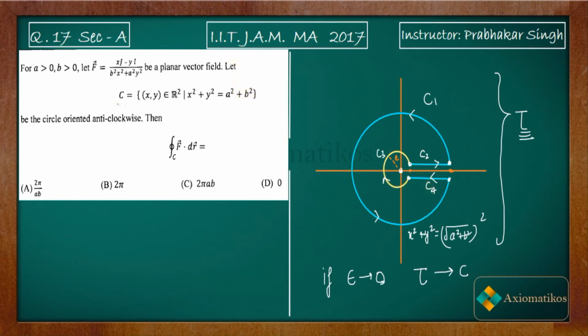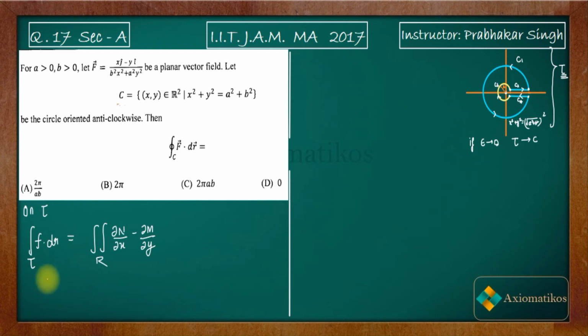Now let us try to see how. I am applying Green's theorem on this curve tau, the positively oriented curve, and this is equal to this. Now what do you know? You already know that del N by del x is equal to del M by del y. So this thing will be 0.